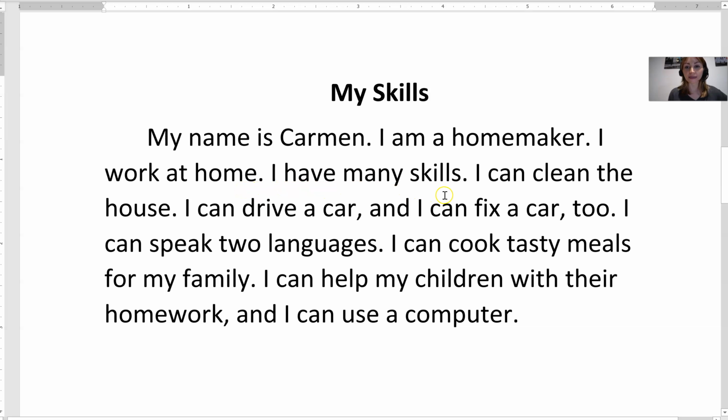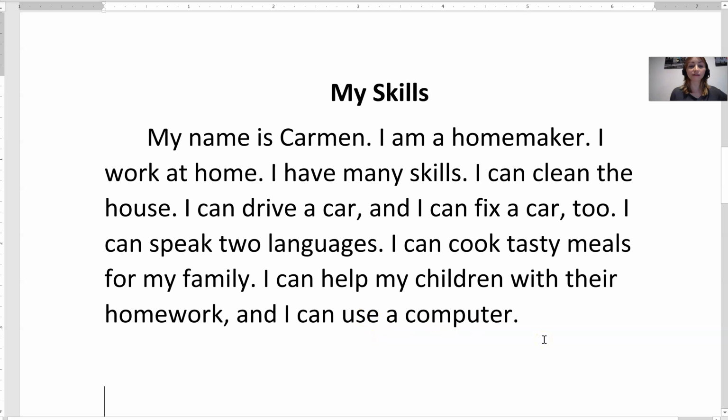I have many skills. I can clean the house. I can drive a car, and I can fix a car too. I can speak 2 languages. I can cook tasty meals for my family. I can help my children with their homework, and I can use a computer.